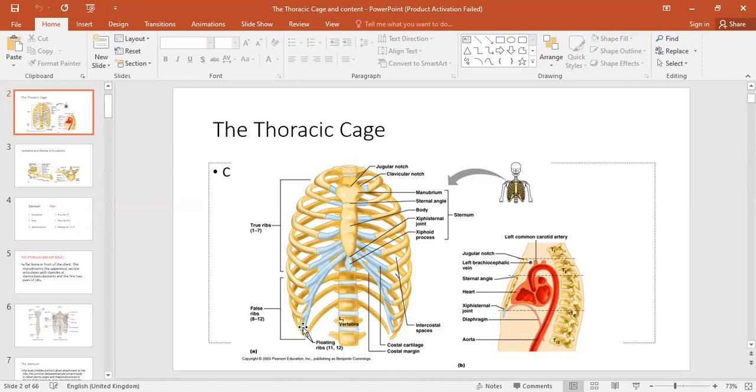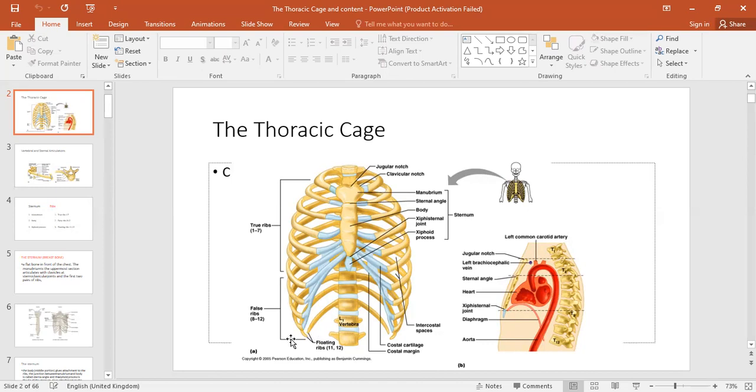You see that this is 10 attached to 9, 9 attached to 8, 8 is attached to 7 to reach the sternum. So we don't consider these as true ribs. So 8, 9, 10, 11, 12, all of them are false ribs.